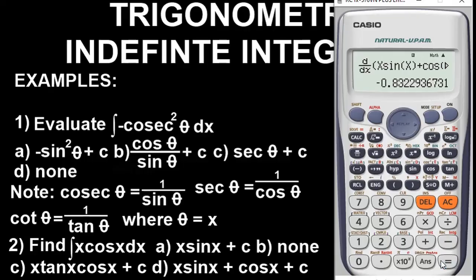Very, very important. So let me recap what I said initially. The idea behind solving trigonometric indefinite integral questions is, firstly, you simplify or evaluate the question, and then you differentiate the options. Now, two essential points I highlighted: one, ensure that your calculator is clear before you begin to solve.